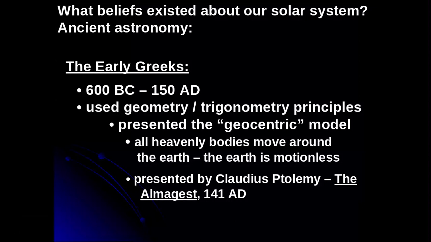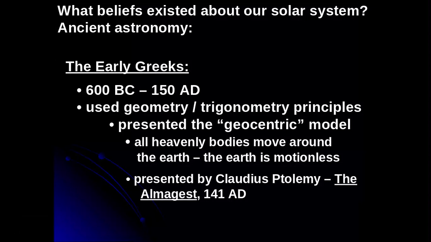Back in 600 BC, geometry, math principles, and trigonometry were employed, along with watching the sun rise in the east and set in the west. Based on the mathematics that were available and their observations of when the sun rises, back in 141 AD Claudius Ptolemy presented what is known as the geocentric model.